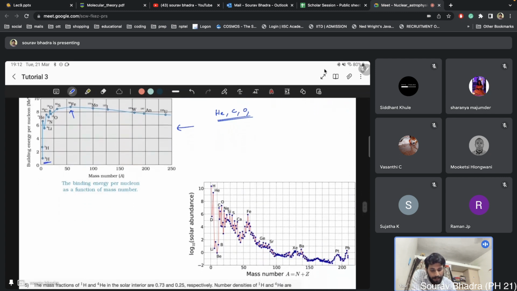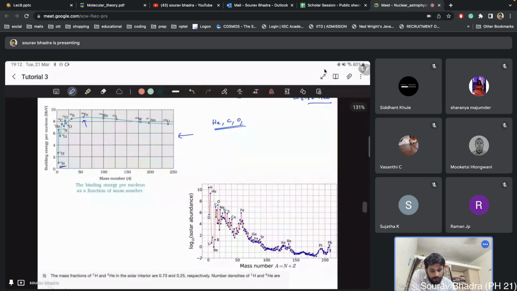And if you compare the solar abundance, that means the abundance in our solar system, you can also find there is some peak in helium, carbon, oxygen. So you can relate that the peaks in the binding energy are at the same elements, He, carbon, oxygen.